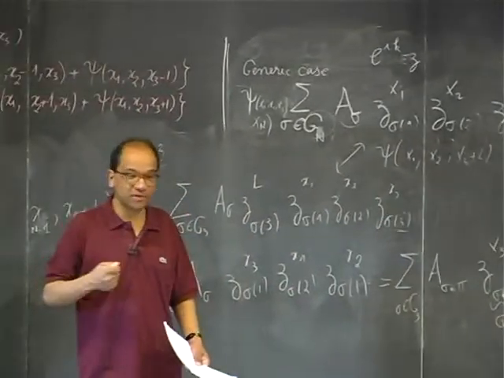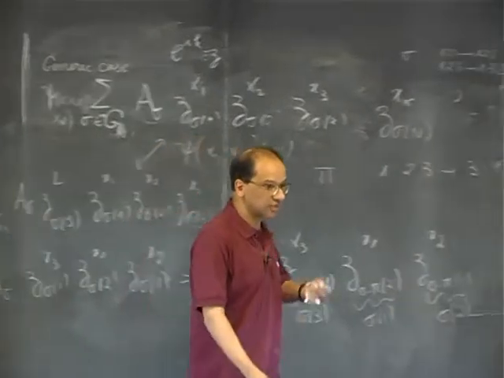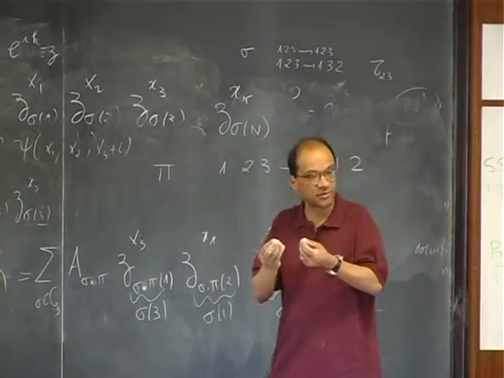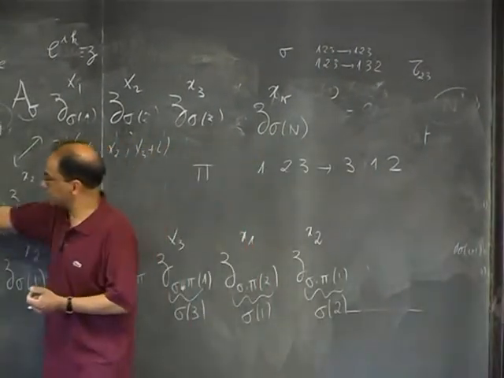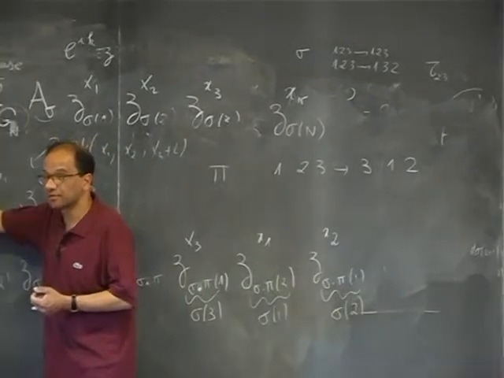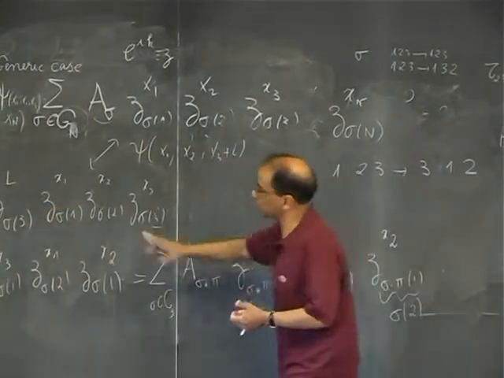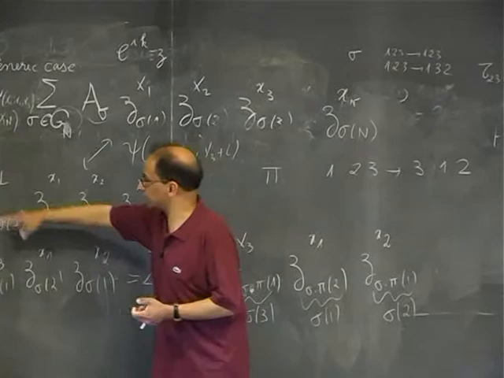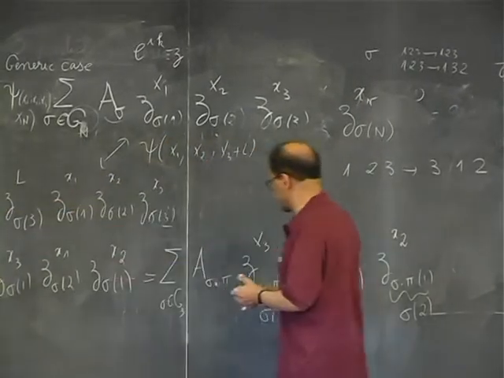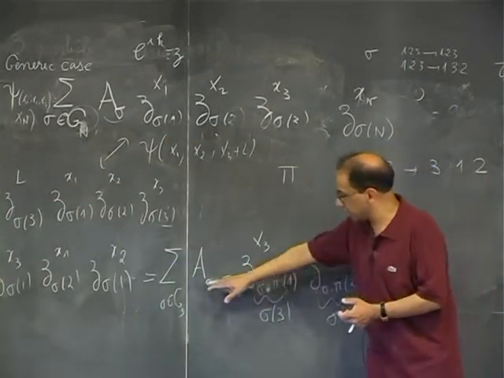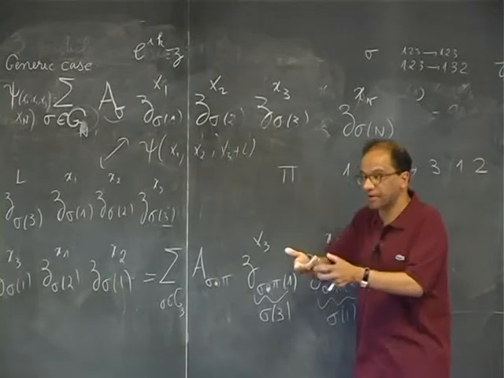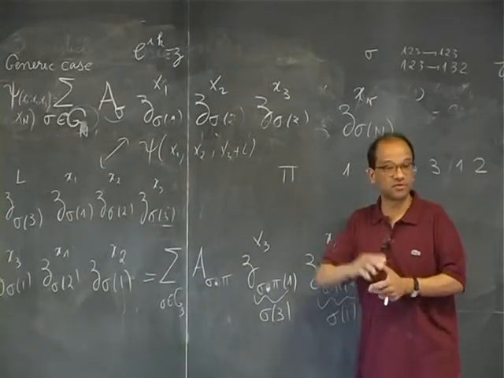Okay? And you will see that what you are really doing to make the identification is identifying the amplitude for A sigma with Z1 to the power L, or Z sigma 3 to the power L, with the amplitude A sigma pi, where pi is the permutation of three elements, the circular permutation.